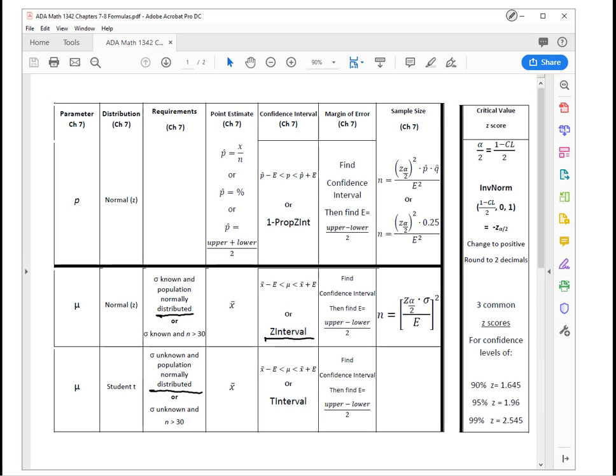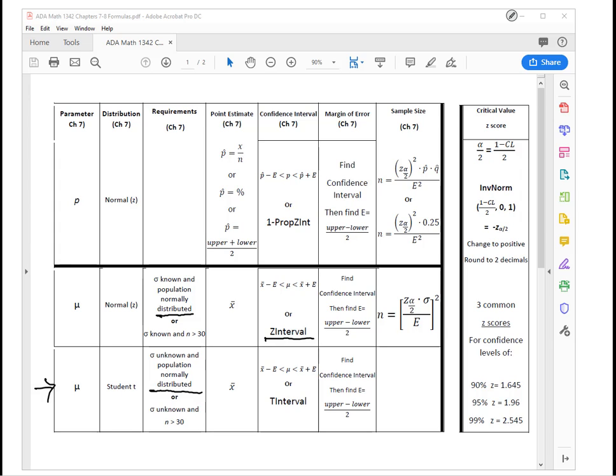For Z, I need sigma to be known and a normal population, or sigma known and a sample greater than 30. For T, I need sigma to be unknown and a normal population, or sigma unknown and a sample of greater than 30. Well, I'm not given sigma. We just said that I had a sample standard deviation. So I'm going to use the student T distribution.